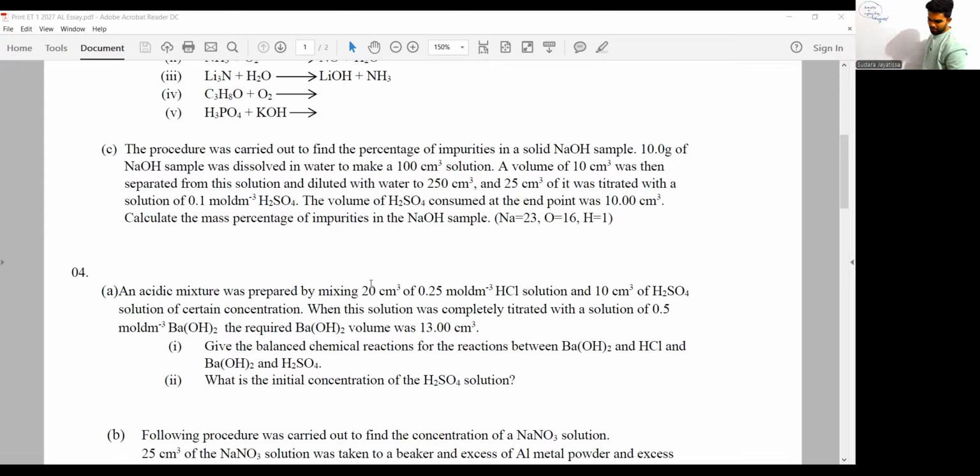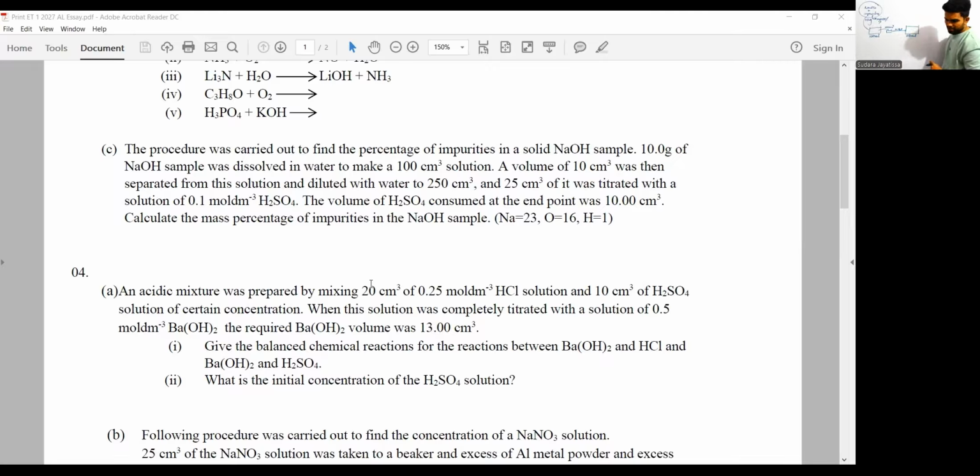Then 10 grams of this sample was dissolved in 100 cubic centimeters of water. Then 10 cubic centimeters was taken and diluted with water to 250. So you separate 10 cubic centimeters and then add water until it reaches 250 cubic centimeters.